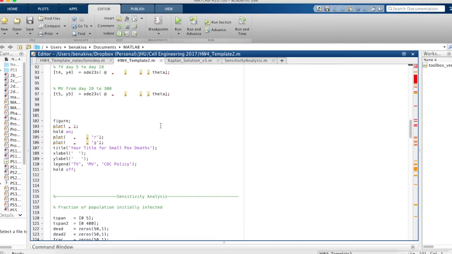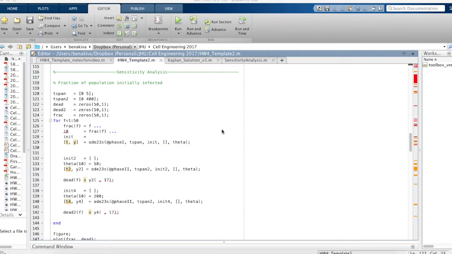And then you're going to plot the number dead, so this would be for TV, then plot it for MV, and then for the CDC policy. And then you can compare basically which policy is the best at reducing the number of deaths.